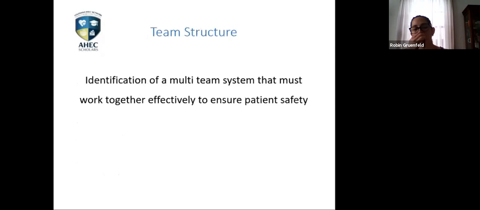So encircling all of this, we have these 4 components, and then we have the team structure that makes the 4 components come alive, right? The team structure are the people that use those teachable skills, and that team structure is also working towards patient safety.